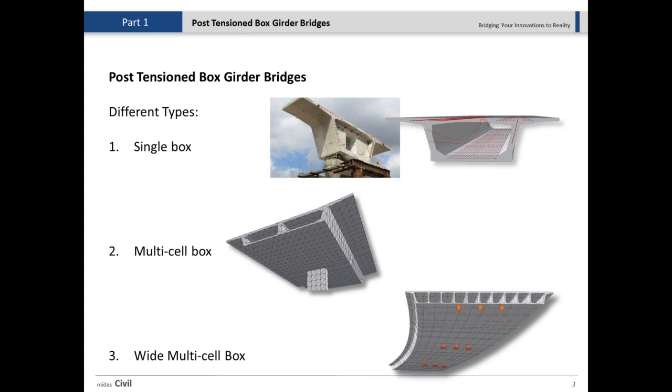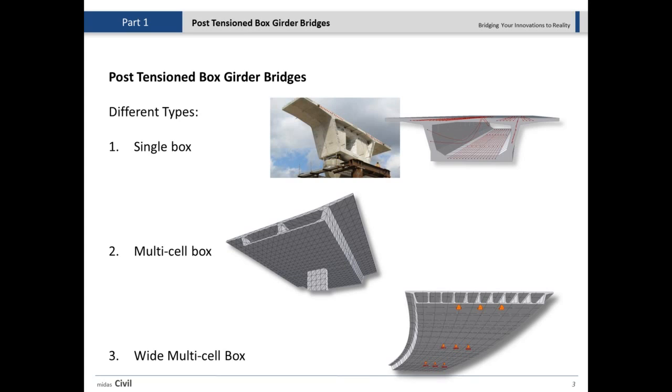Then we may have the multi-cells. Instead of having a single box, we could have two or three boxes, and it could be wider, give us a wider area as well, and there are some benefits with that.